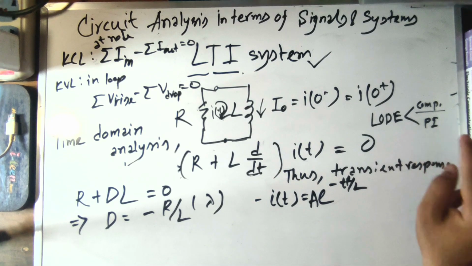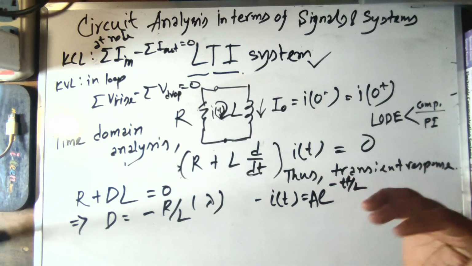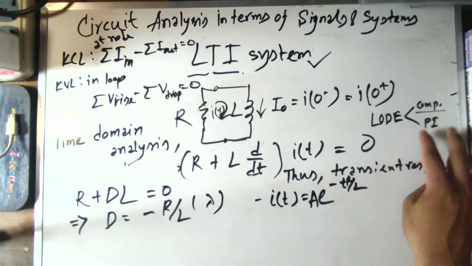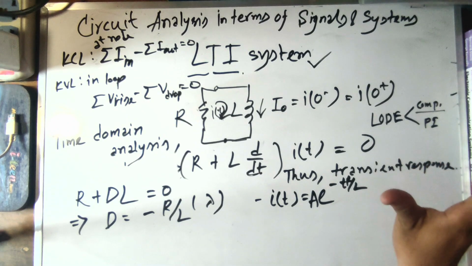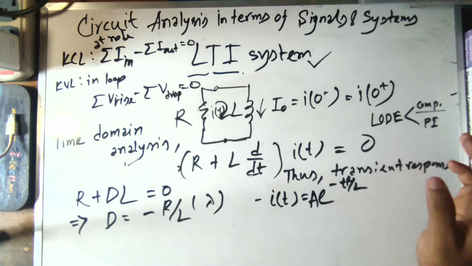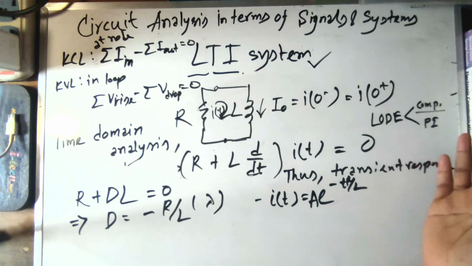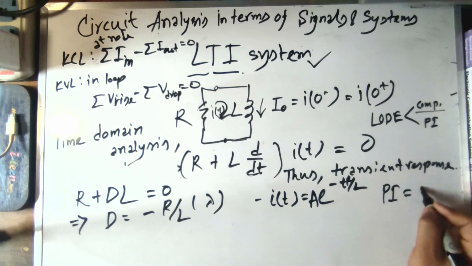For the particular integral or steady state response, there is none, because there is no input. The steady state response or particular integral is only present in a system when there is an input or excitation. So the particular integral is 0.